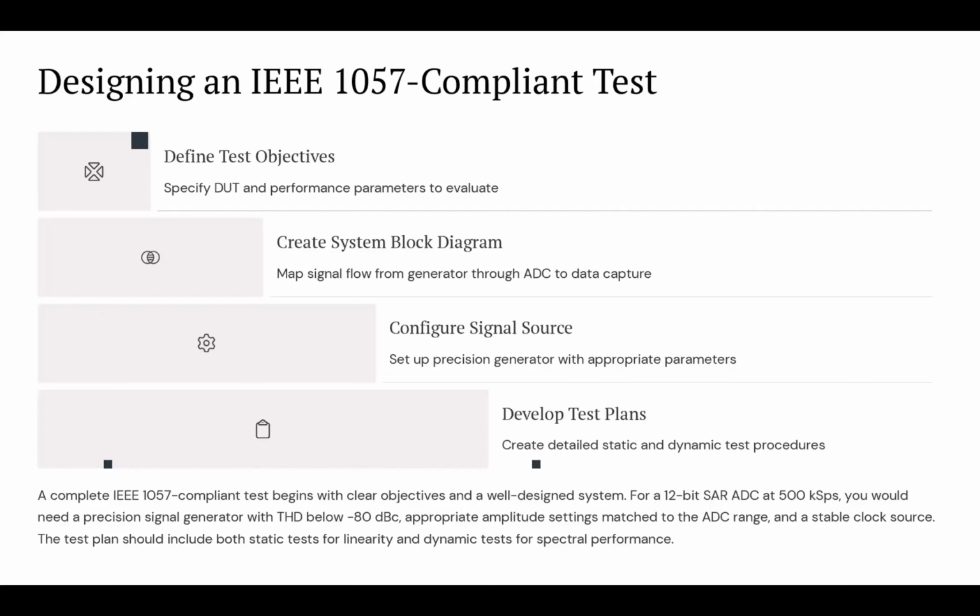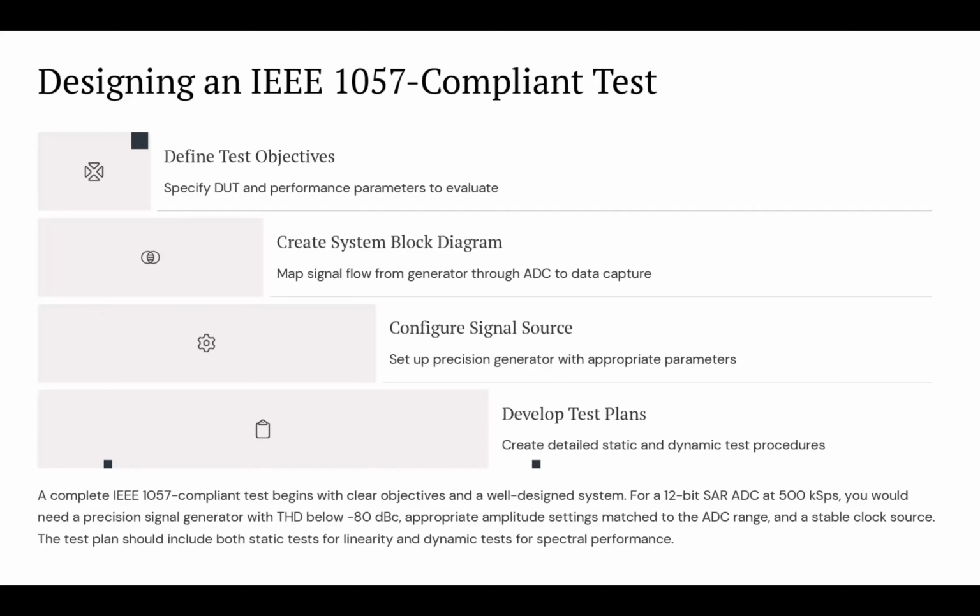The device under test, or DUT, specification is very important. The performance parameters of that DUT are very important in how you define the test for the specific case that you have. After that, when you define precisely what you are testing, you create a block diagram to show the flow of testing, the procedure of the testing. Where to start, where to end. What is the configuration?